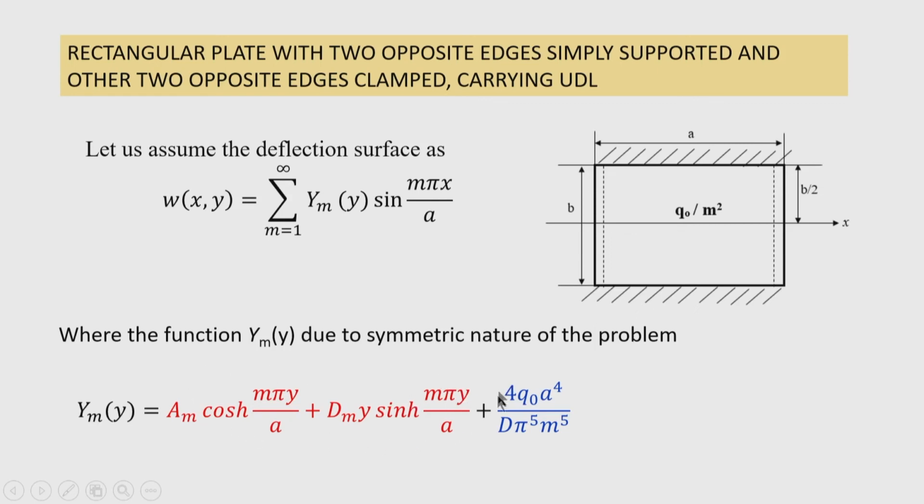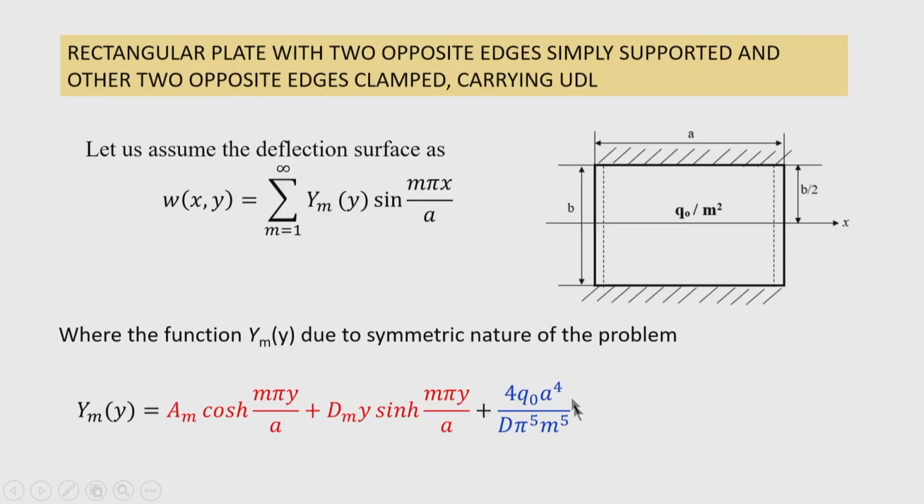But the term written in blue is a particular integral, because the loading here is constant. So, the particular solution is also assumed as a constant, and after substituting in the differential equation, the solution is obtained as 4 q naught a to the power 4 divided by D pi to the power 5 m to the power 5. So, this particular solution is due to the load acting on the plate.